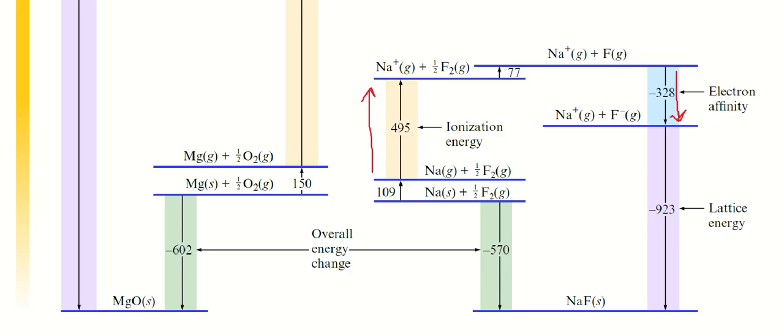So once this becomes 1 negative, and once the sodium becomes 1 positive, then the Coulomb attraction, that lattice energy, dominates. This is very favorable. So it's going to happen. So overall, you're starting here, you're ending up here. That's why sodium and fluorine form 1 positive, 1 negative.